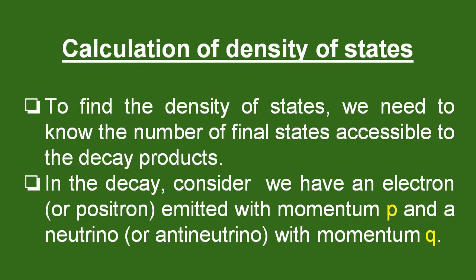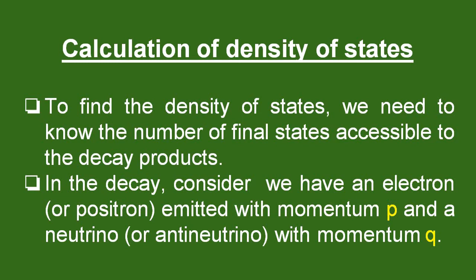So in order to calculate the density of states, we need to know the number of final states accessible to the decay products. In the decay, you have an initial stage and also a final stage. So a number of final states are available.